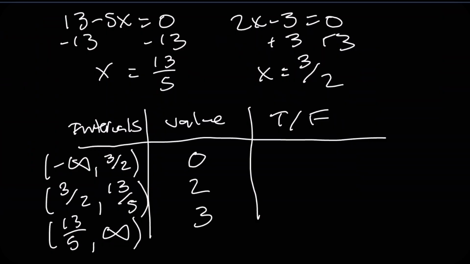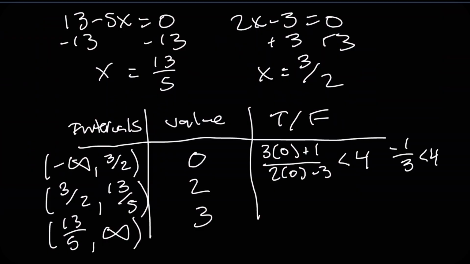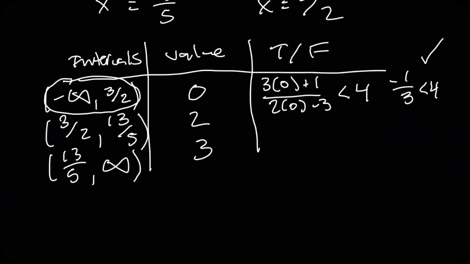Plugging this back into our original inequality, we have 3 times 0 plus 1 divided by 2 times 0 minus 3, and we want to see if that's less than 4. That'll get us negative 1/3 less than 4, which makes sense. So go ahead and circle your interval here for later, and then move on to your next one.